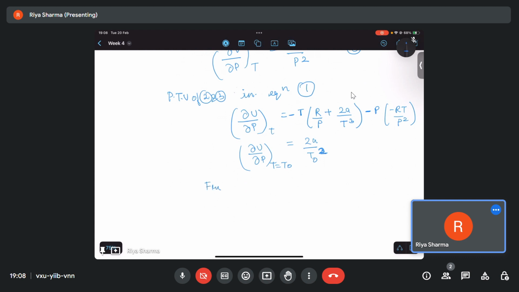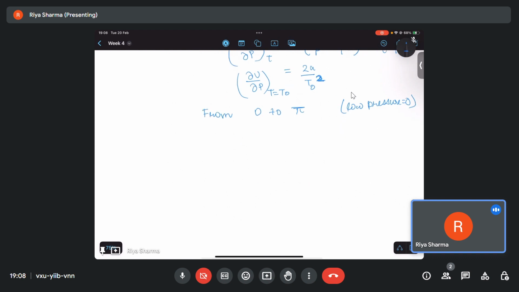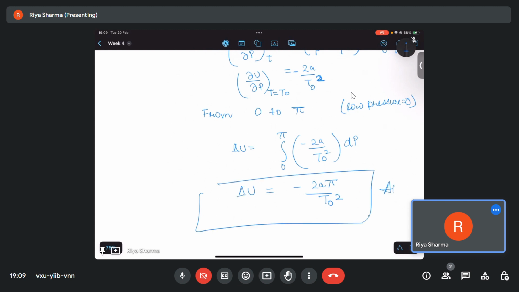So from 0 to pi, low pressure equals 0. So from 0 to pi, this will be equal to minus 2a pi by T naught square. This is our answer.